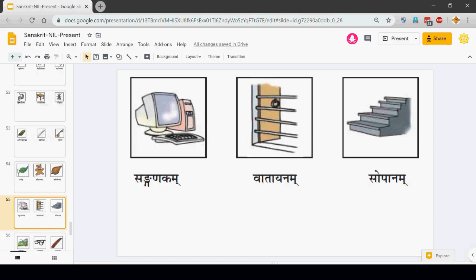Next one. Sanganakam. Like Sangeeta, we saw before. Sangeetam is music. Sanganakam is computer. Next one.